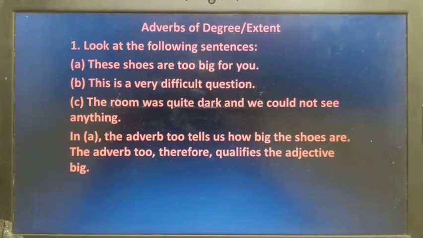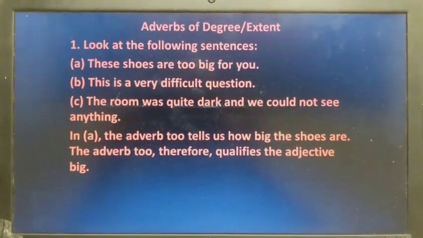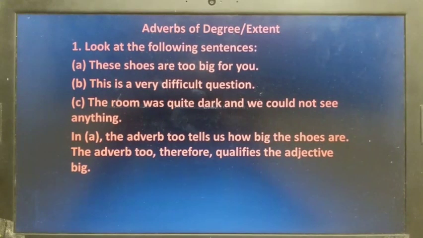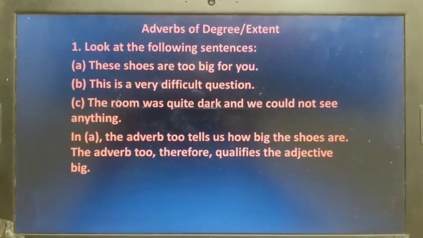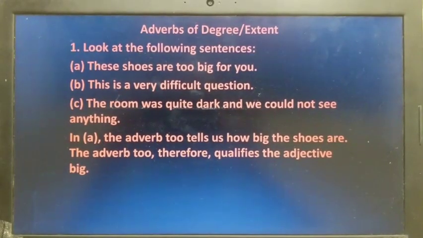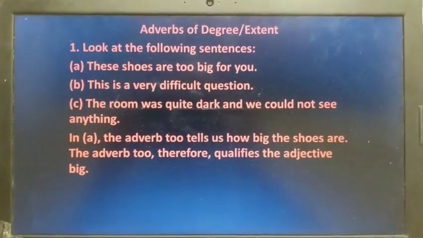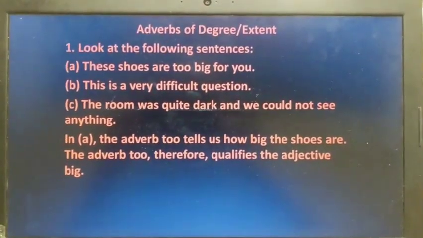The room was quite dark and we could not see anything. So over here we come to know that they're talking about the room being dark. So dark is the adjective. How dark? Quite dark. So let's see the explanation over here. The adverb too tells us how big the shoes are.